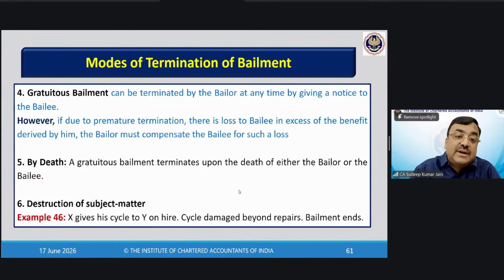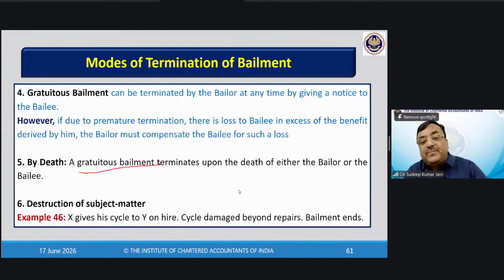It is only for gratuitous bailment. Destruction of subject matter. Example 46. X gives his cycle to Y on hire. साइकिल डैमेज बियॉन्ड रिपेयर, मतलब इतनी बेकार हो गई कि रिपेयर नहीं हो सकती. Now the bailment ends. जो मेन सब्जेक्ट मैटर था, it is destroyed.